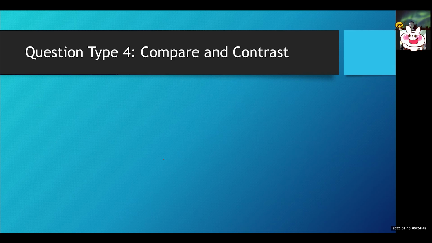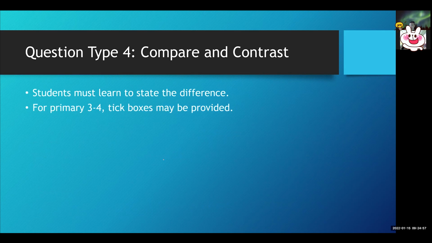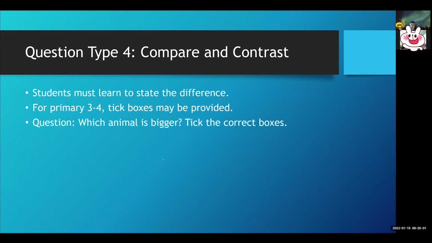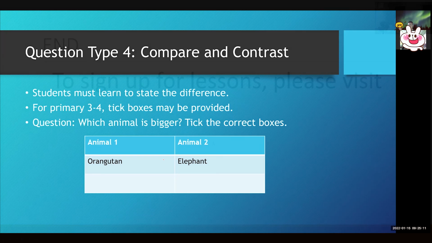So it's a combination of your understanding of the difference as well as information transfer. You must learn to state the difference. For primary 3, 4, sometimes you get tick boxes, like which animal is bigger, and you just tick the correct boxes. Then you go to the text and see that it's already mentioned: the elephant is how many times bigger than an orangutan?